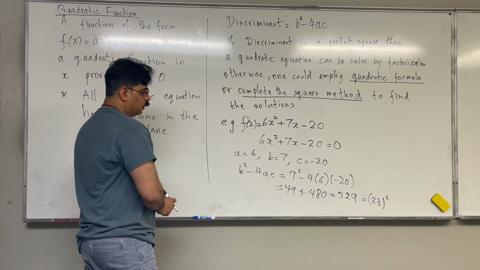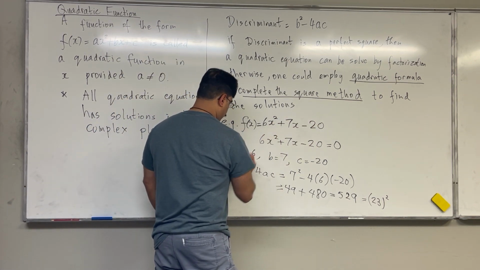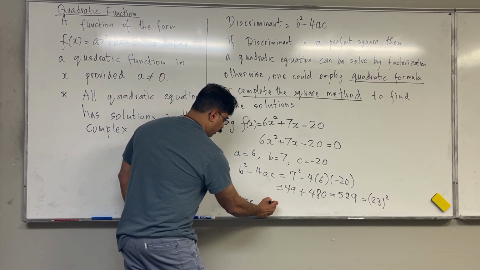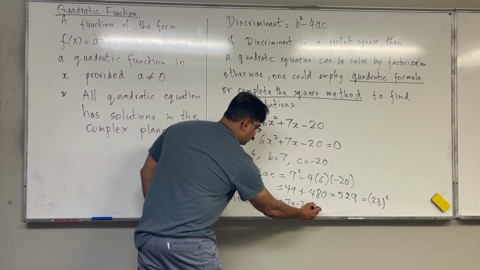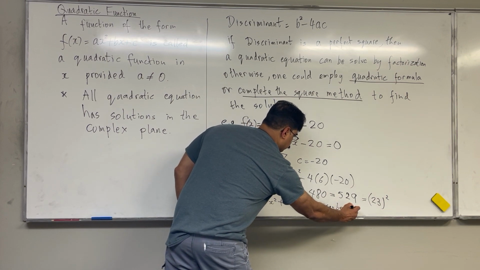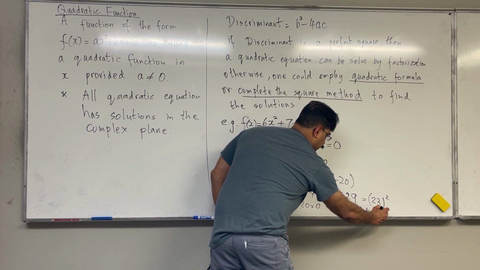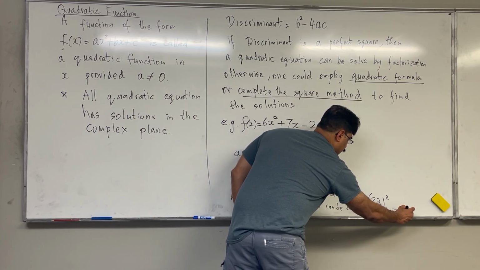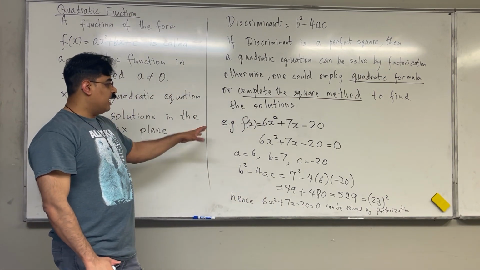So we know that this equation, 6x² + 7x − 20 = 0, can be solved by factorization. That's the first thing we needed to know, whether it can be solved by factorization or not. Any questions about it?